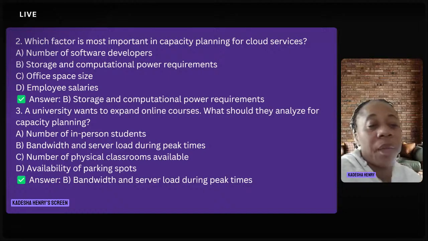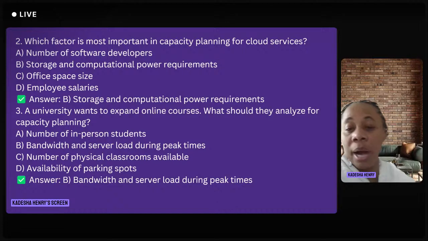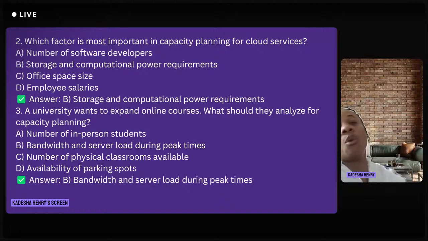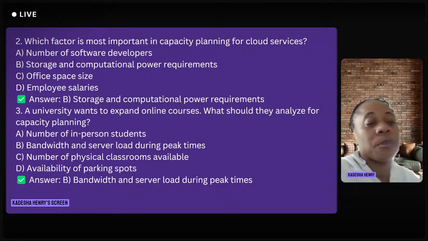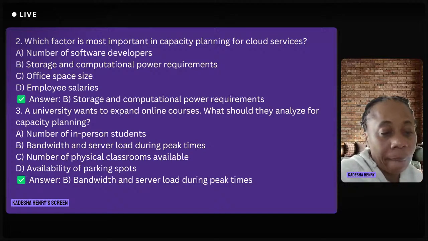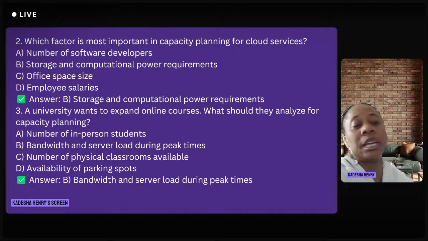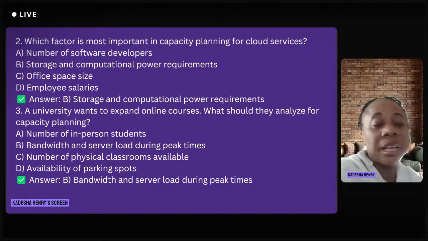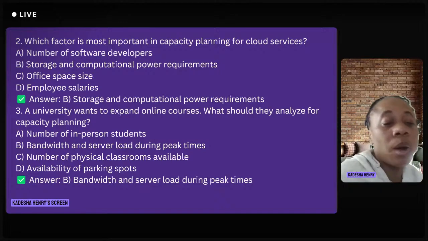Number three, a university wants to expand online courses, right? What should they analyze for capacity planning? A, number of in-person students; B, bandwidth and server load during peak time; C, number of physical classrooms; D, available parking spots.